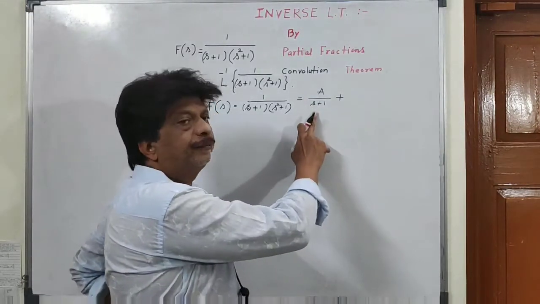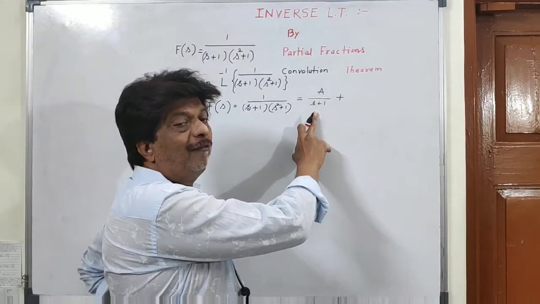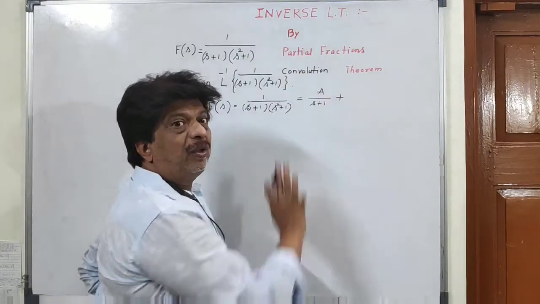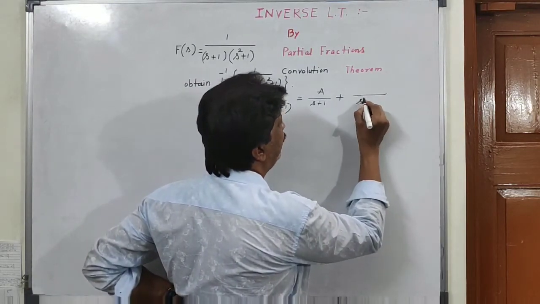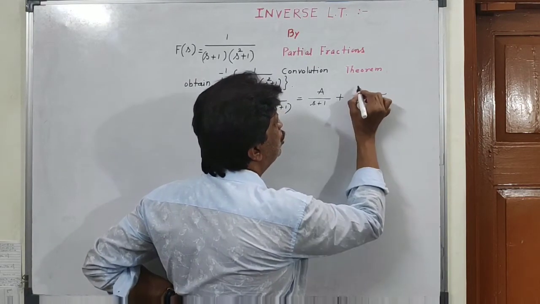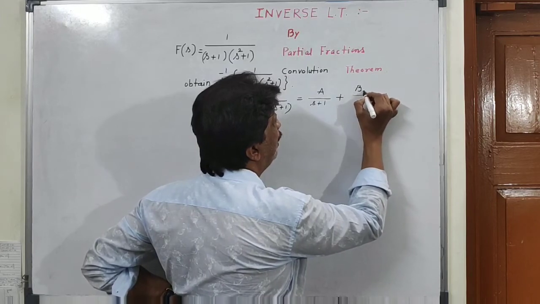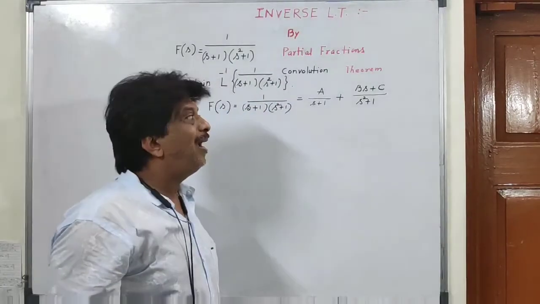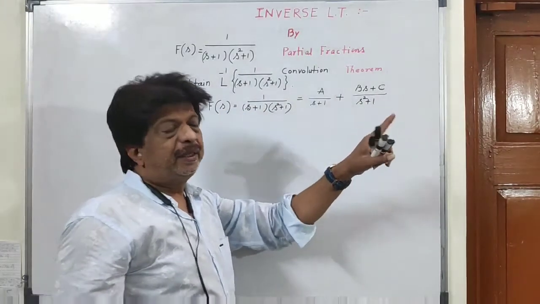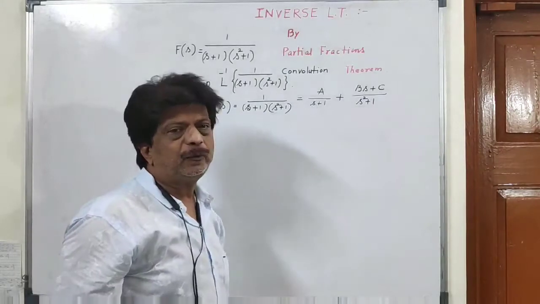So this linear factor is associated with a constant of degree 0. Now this quadratic factor is of degree 2, so it is resolved as bs plus c, which is of degree 1, upon s square plus 1.